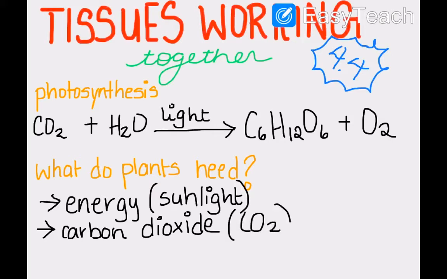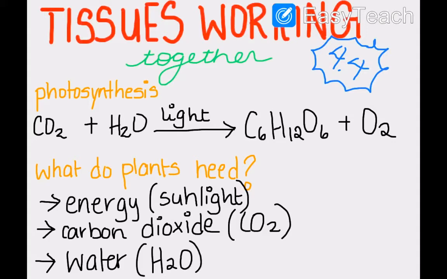And it needs water, H2O, which is why if you have a plant, you need to water it. Great. So we're going to be looking at each different requirement for photosynthesis and learn about how that requirement is fulfilled by the plant.